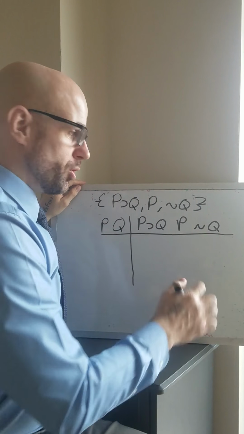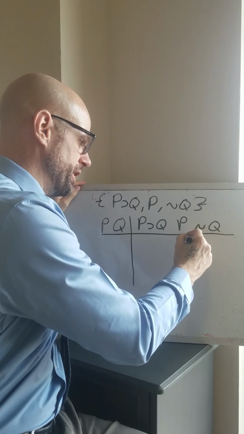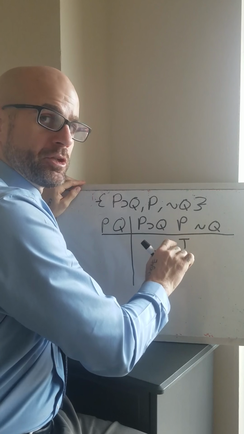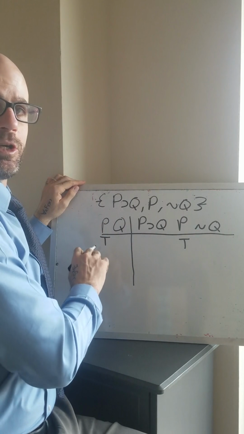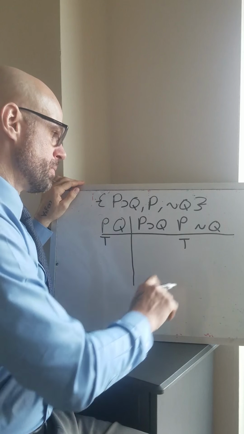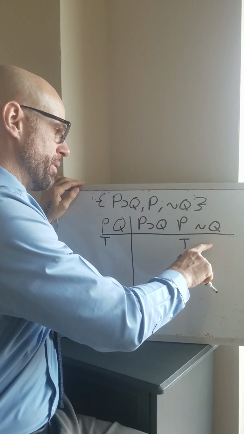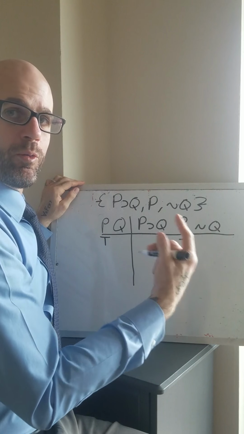Okay, so first of all, we want to make P true, and that's probably the easiest. For P to be true, obviously P has to be true, so we put a T over here, right? We know that P has got to be true. What about not Q? Not Q can only be true one way.